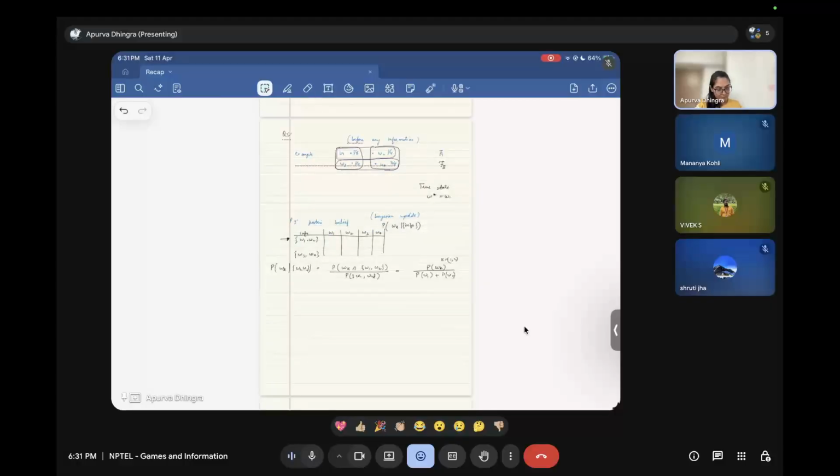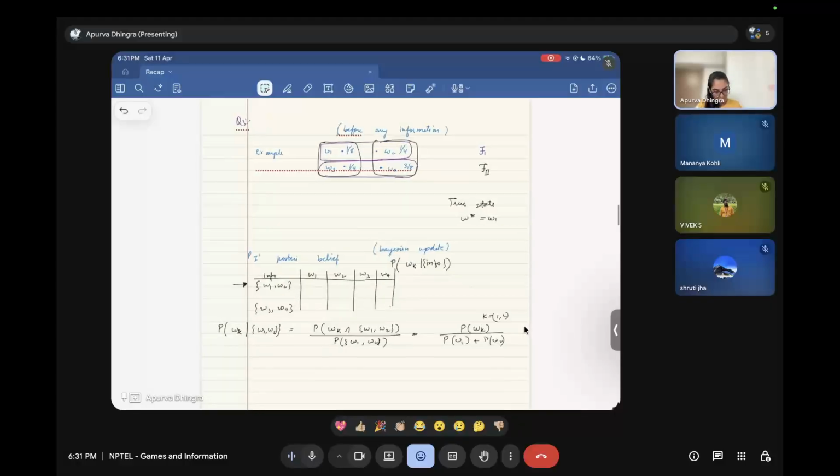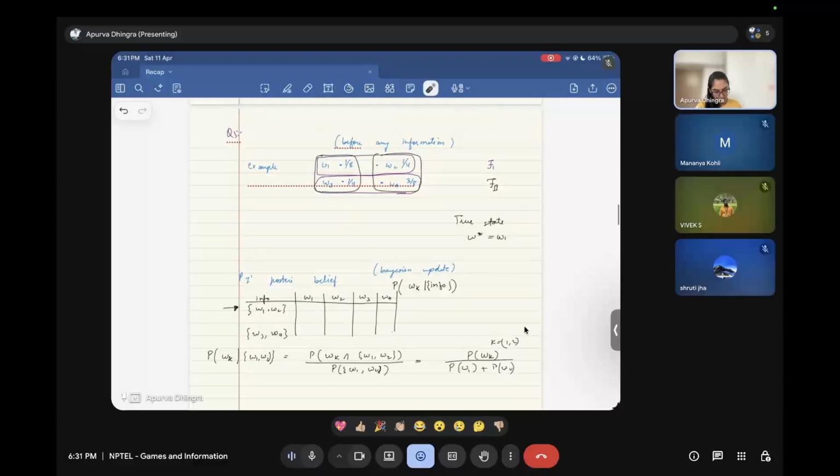Okay, so let's say there is an example of this kind where we are being asked to talk about the belief of each of the agents about all the states of the world. Their belief is going to be restricted by what kind of partitions they have.